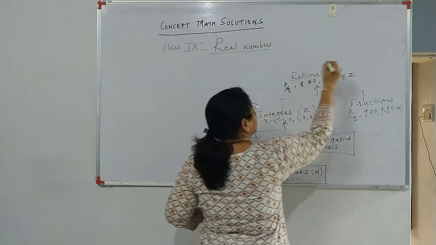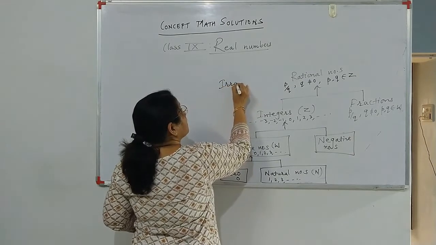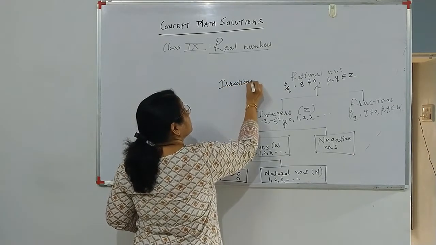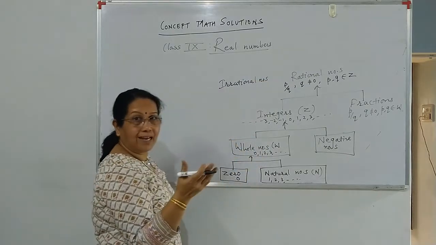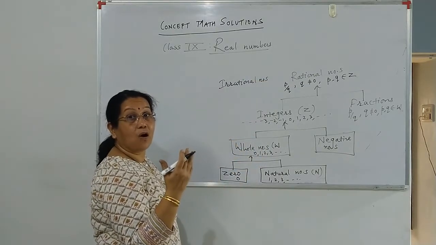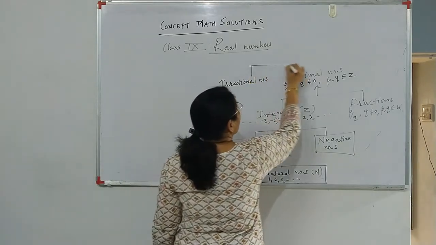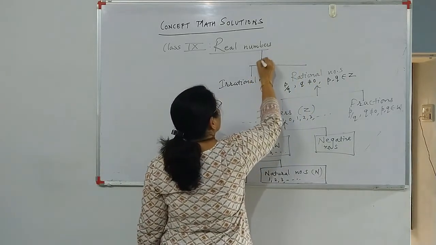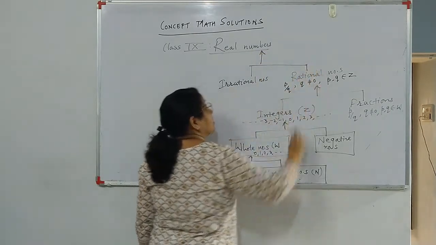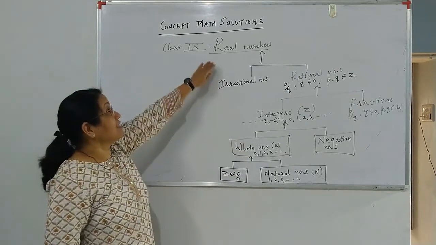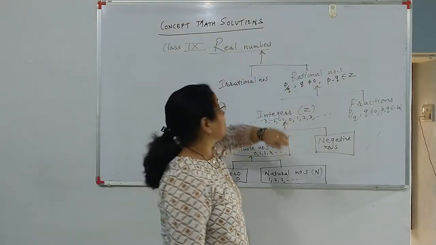Then with the rational numbers, you learned about irrational numbers. Yes, irrational numbers are numbers of the form, say, root 2, root 3, non-terminating, non-repeating decimals, right? Irrational numbers and rational numbers both mix and you get real numbers. In this chapter we are going to study irrational numbers and rational numbers.